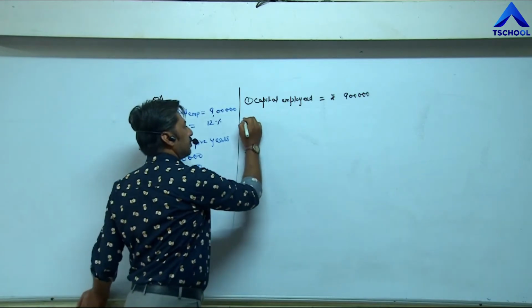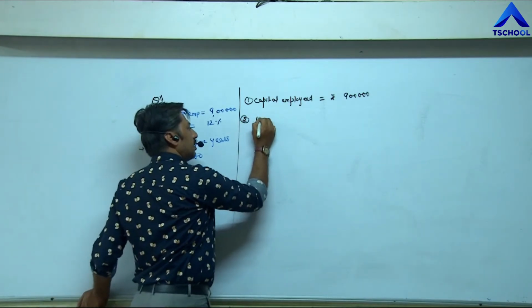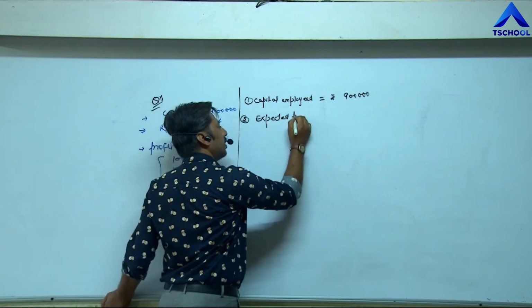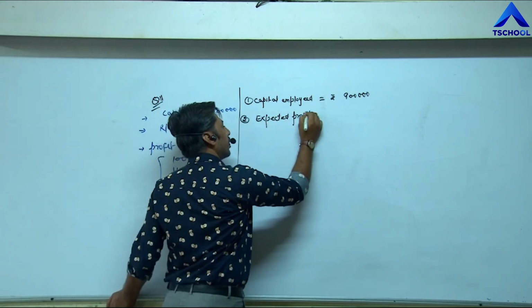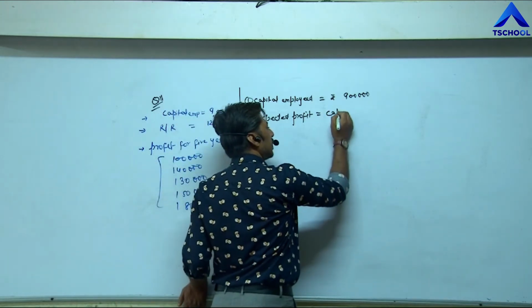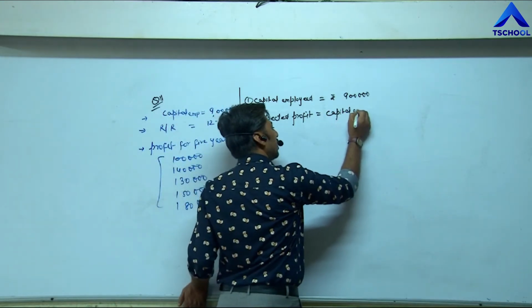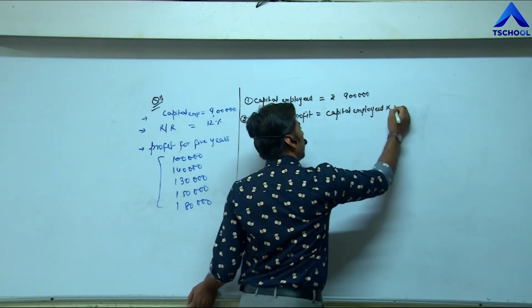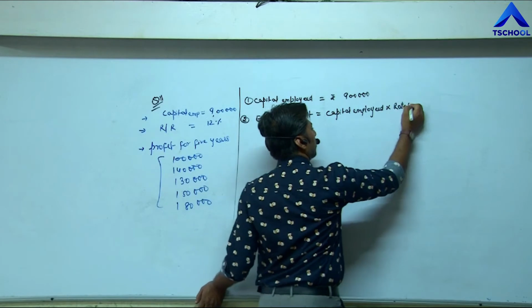Second, expected profit. The formula is capital employed into rate of return.